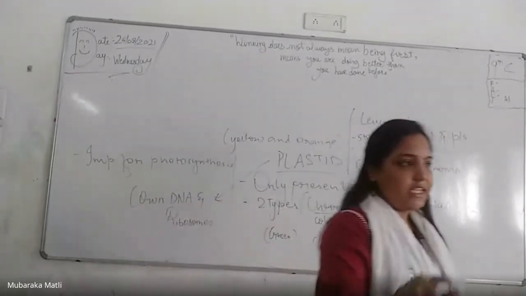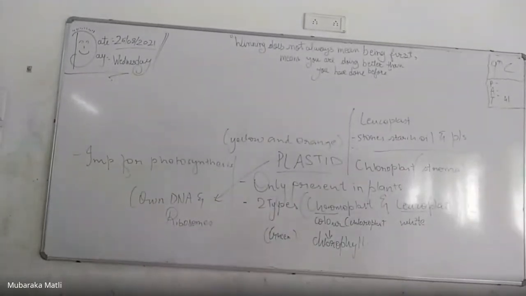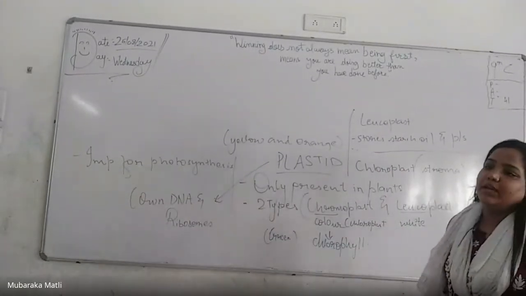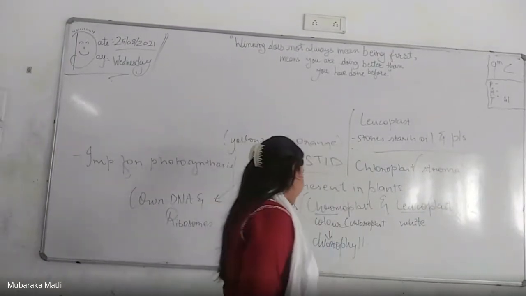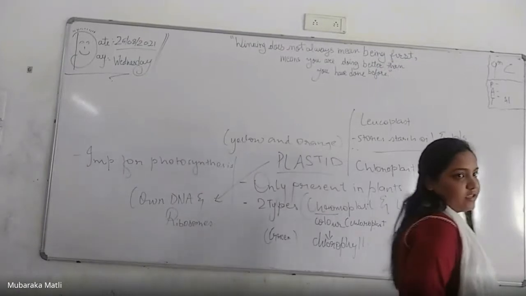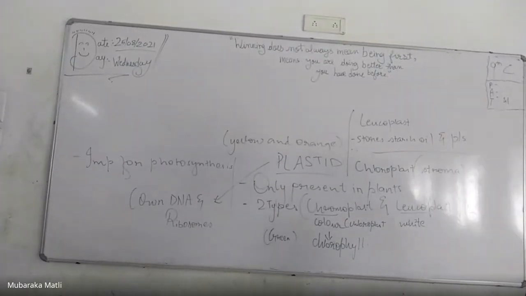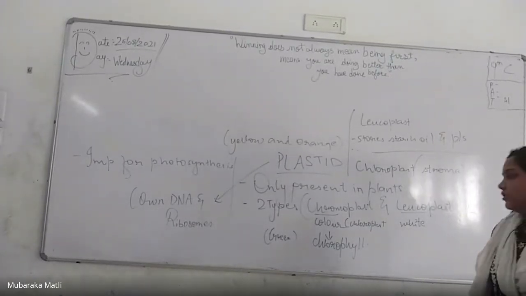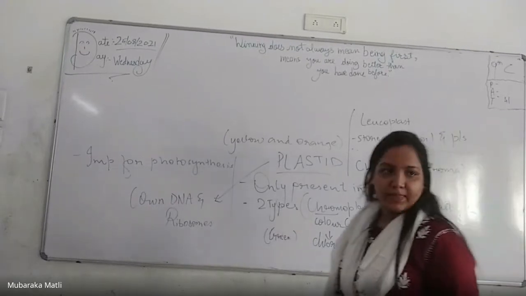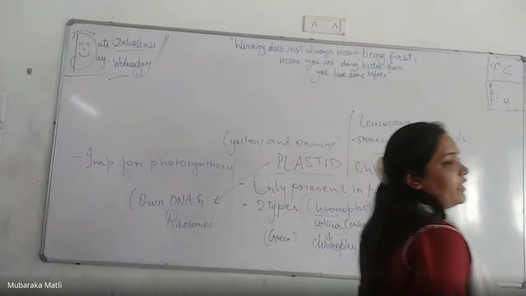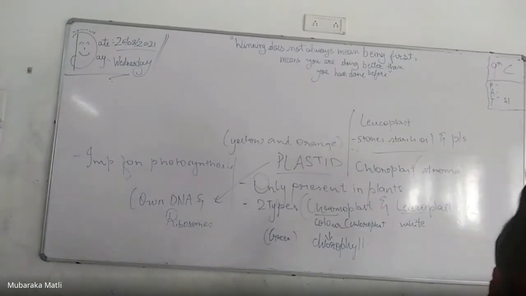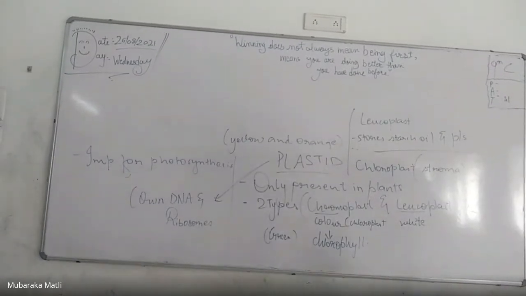Plastids are only present in plants. They are of two types: chromoplast, mostly green color. Okay. And in addition, they also have orange color. What about leucoplasts?